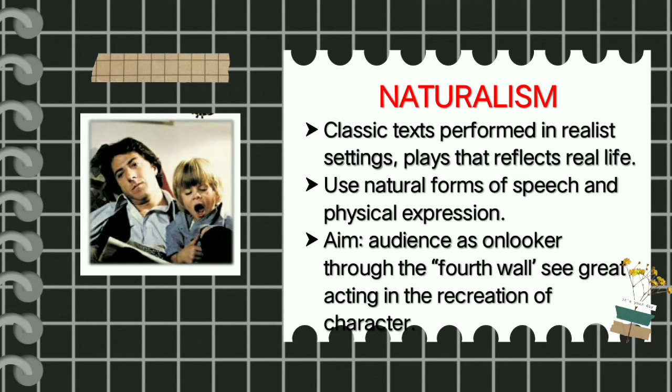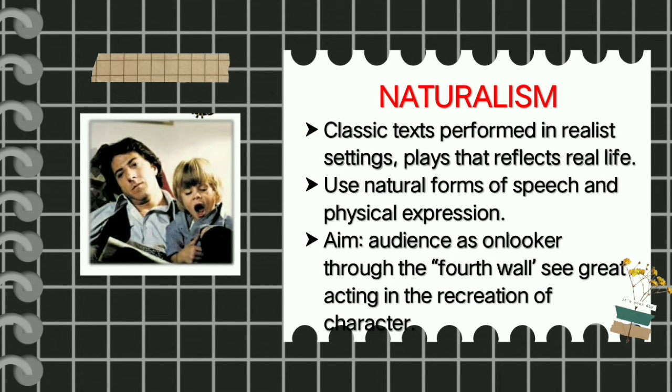So now let's proceed to naturalism. Naturalism is a classic text performed in realist settings, with plays that reflect real life and use natural forms of speech and physical expression. The aim of naturalism is for the audience, as onlookers through the fourth wall, to see great acting in the recreation of character.